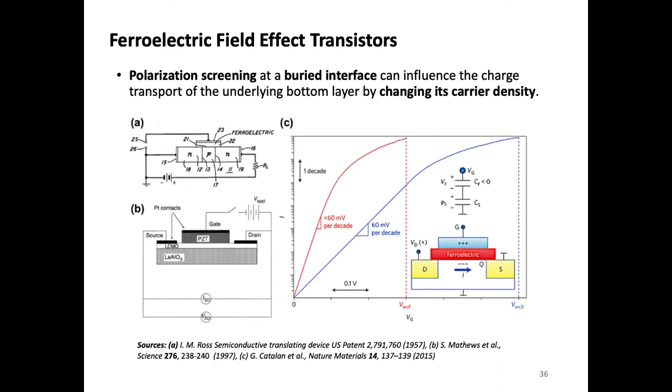But still, you can see an NPN standard transistor, and you have ferroelectric on top of it to modulate the transconductance. This concept was further developed by Mathews, as you can see in the slide, using epitaxially grown LAO, LCMO, and PZT.